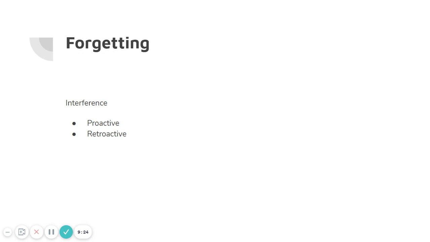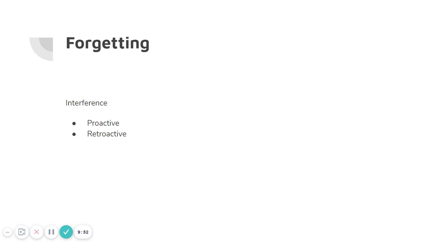So here are ways we can remember this. Proactive is new. You can't remember your new locker combination because you still sit there and try to dial in the old one. So proactive is new, because you're trying to remember the new information.